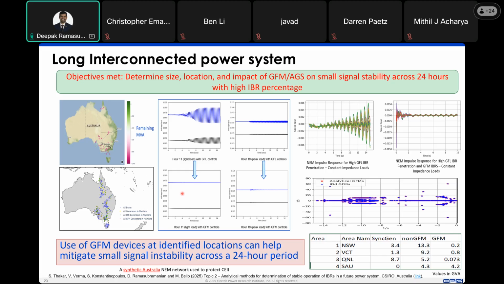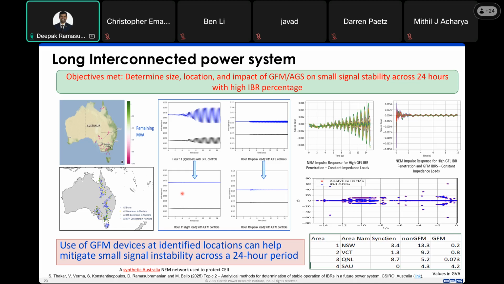So across these varying loading conditions, the question was, across this 24-hour period, how do we size the level of grid forming or advanced grid support? Where do we locate it on the network? And then how do we size it and get an understanding of stability of the resource? So we used the models that I've spoken about.